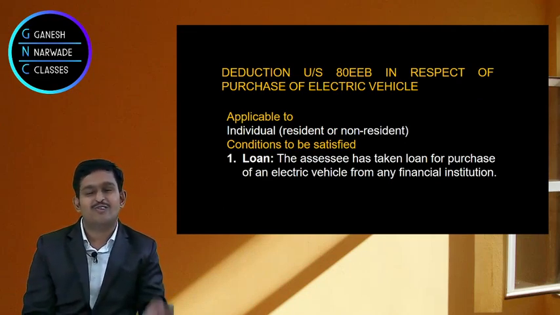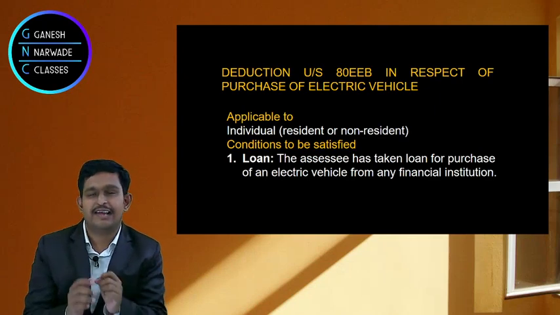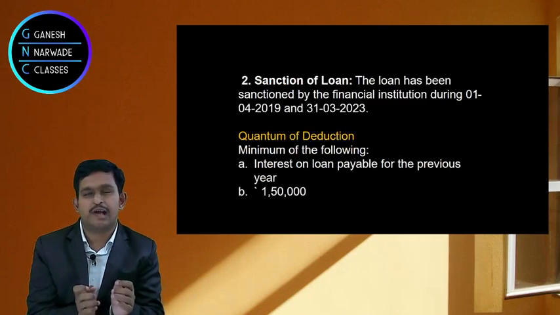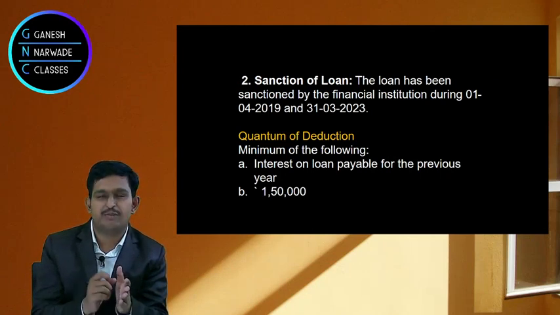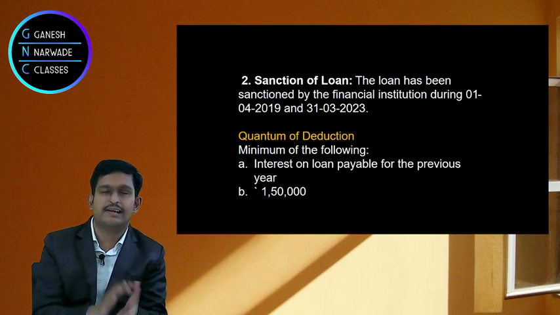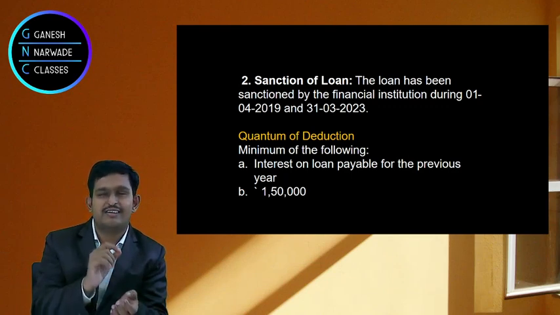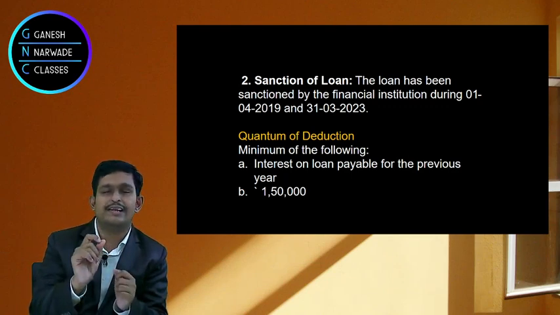Okay. So from which period? They gave a period that you should have taken the loan from 1st April 2019 till 31st March 2023.